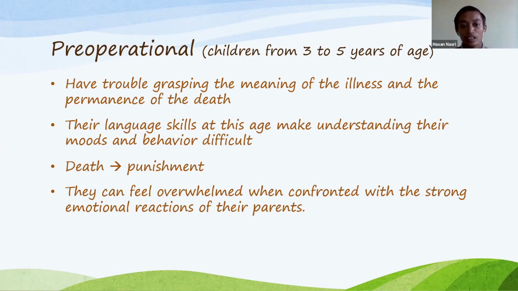So they think death is a punishment for them because of that intention. They can also feel overwhelmed when confronted with strong emotional reactions of their parents. So a calm and relaxing approach is better than shouting between parents.